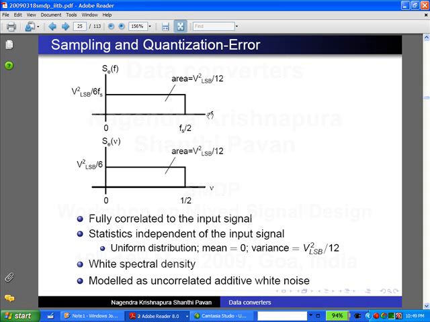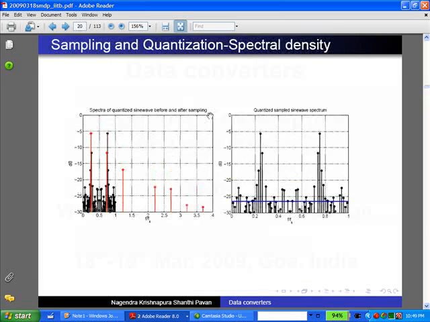You have all these tones in reality. For the sake of convenience, I will assume that it is equally distributed between 0 and fs by 2. Now this assumption is not as valid as the previous one. The uniform distribution over amplitude is very true for most signals. But this white noise is not a very good assumption, but without it we can't do any calculations at all. So we go ahead and make this assumption.